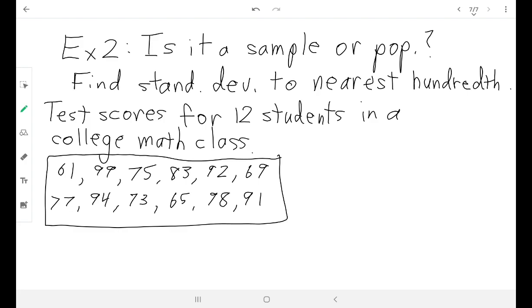So this is probably a sample because the class is quite probably larger than just 12 students. So we're just looking at a sample here, okay?